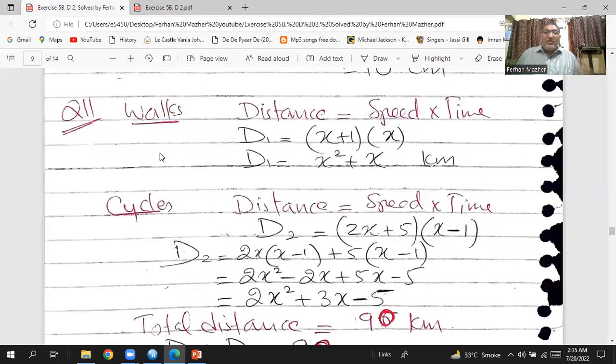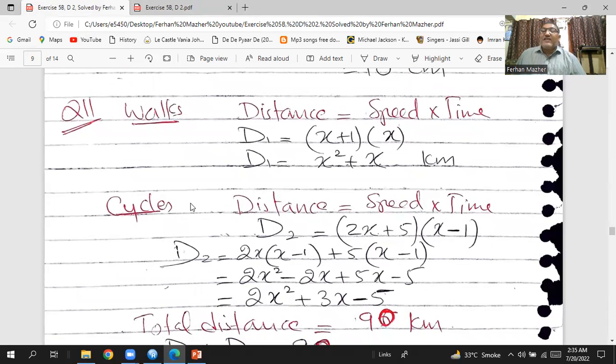In the second phase of her journey, she is cycling. Her speed is 2x plus 5, and she cycled for x minus 1 hour. So multiply speed and time: 2x into x minus 1 plus 5 into x minus 1. So you will have 2x squared minus 2x plus 5x minus 5, so 2x squared plus 3x minus 5.